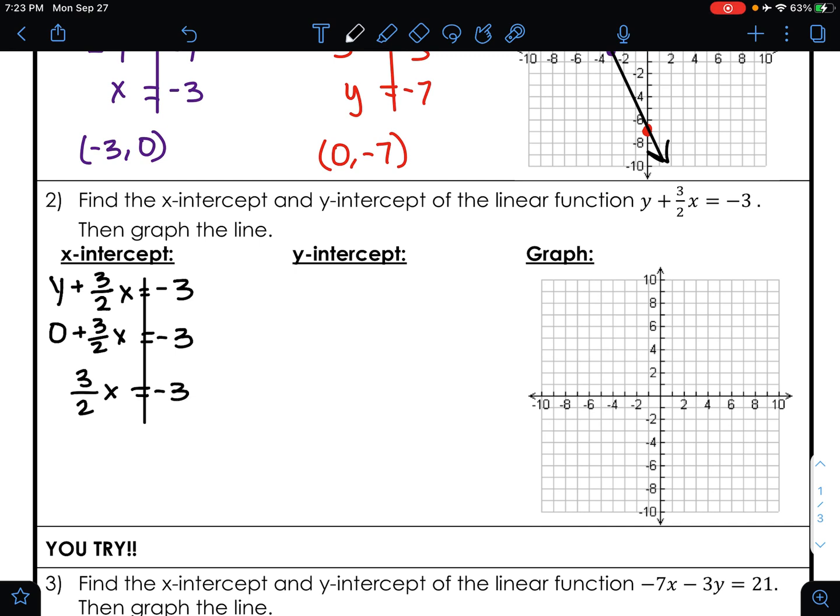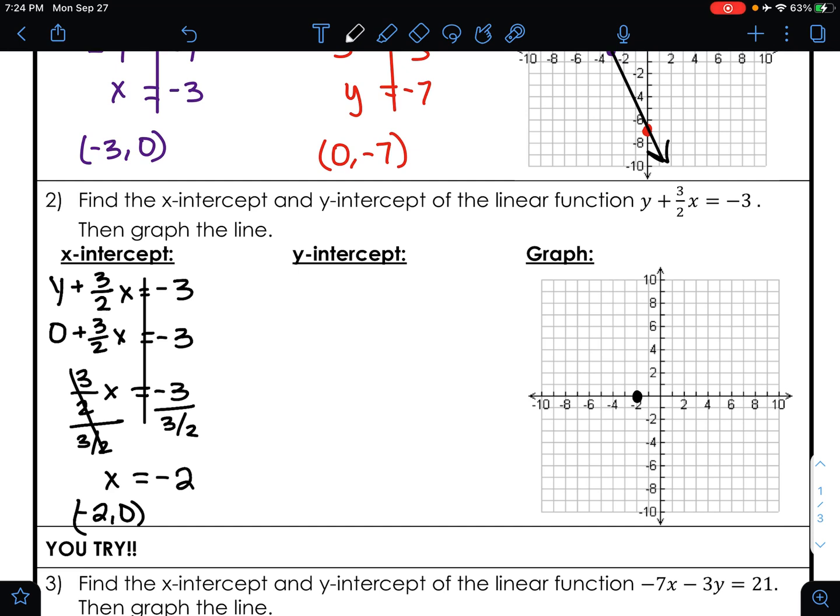equals negative 3. In order to get x by itself, I'm going to divide by 3 halves on both sides. And when I do that, those cancel out. I'm left with x equals negative 3 times 2 thirds, which would be negative 2. So my x-intercept is negative 2, 0. And then I'm going to find my y-intercept.